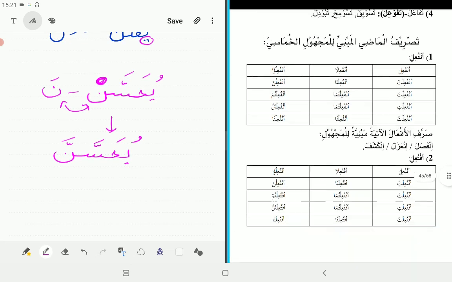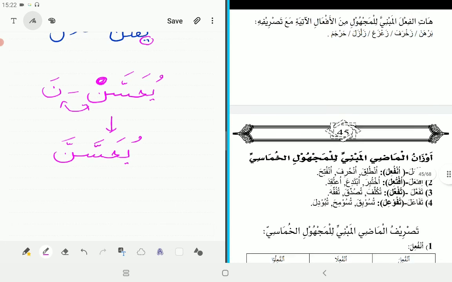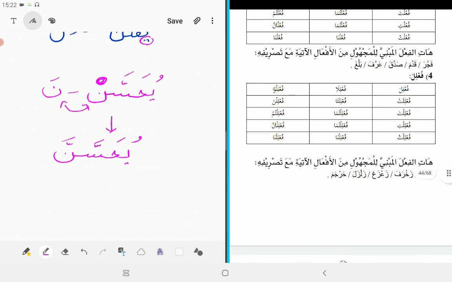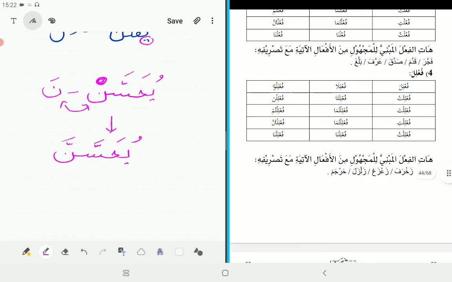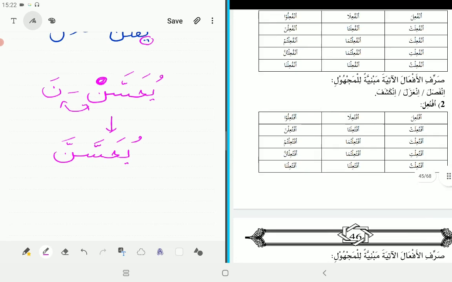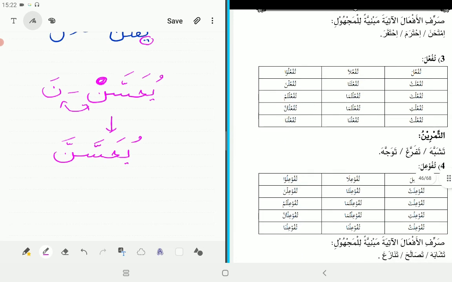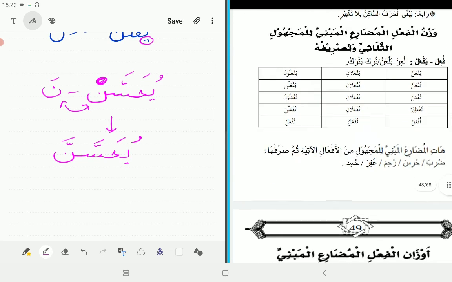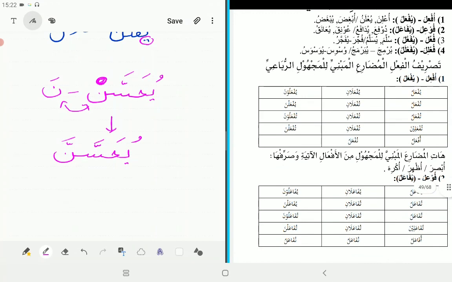جميل. The following scale was for the verb on the scale of فعلل. The مضارع مجهول of فعلل is يفعلل.